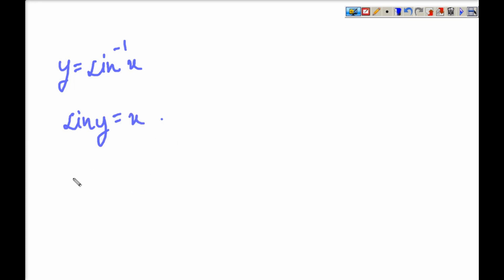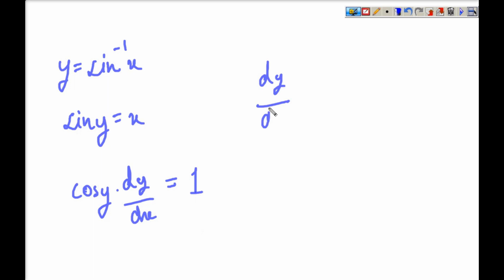So let's differentiate it. Differentiating throughout, we get cos y times dy by dx equals 1, since the differentiation of x is 1. Therefore we can write dy by dx as 1 by cos y, right?